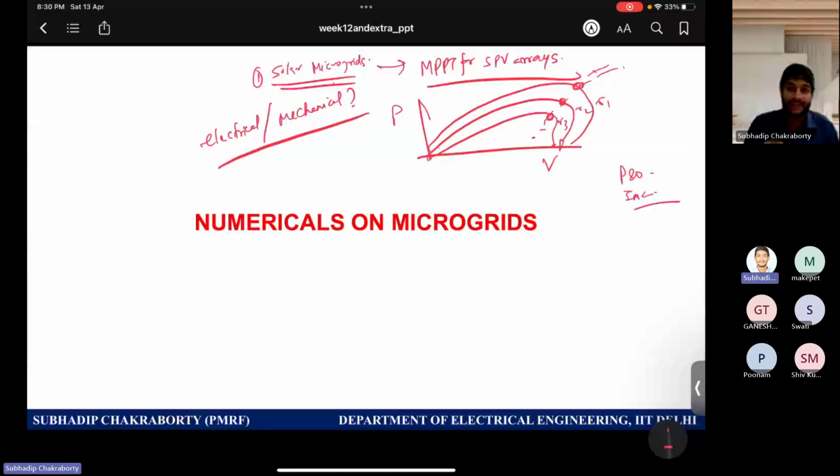In the battery, what I am telling is that the solar photovoltaic arrays can only supply. If in the problem we write solar microgrid, it does not necessarily mean there is a battery. If there is a battery, we will mention it separately. Otherwise, how will you know in the numerical?